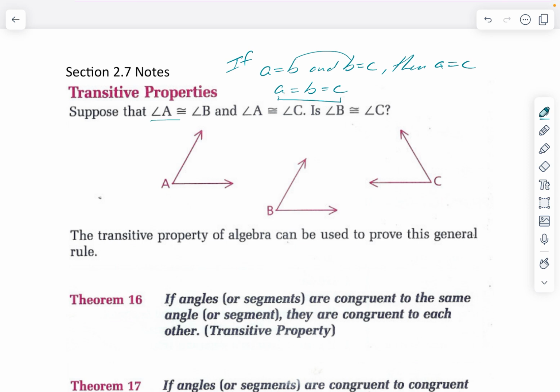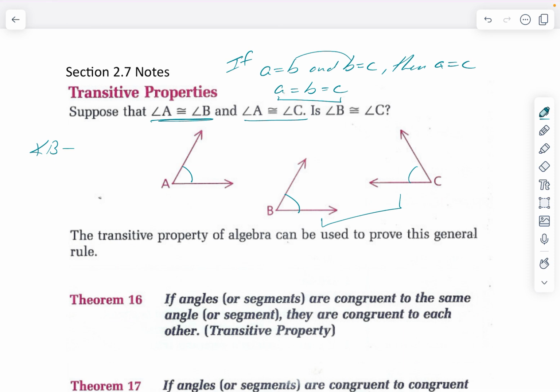Notice here, if A is congruent to B, and if A is congruent to C, then we can conclude that B is congruent to C. And if we switch the order on this first one, we could put it all together.